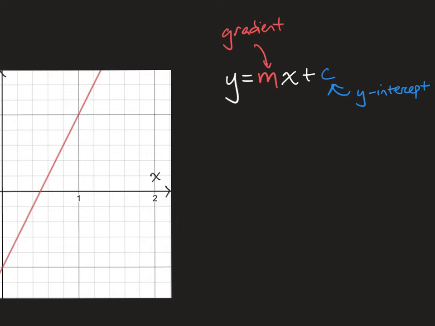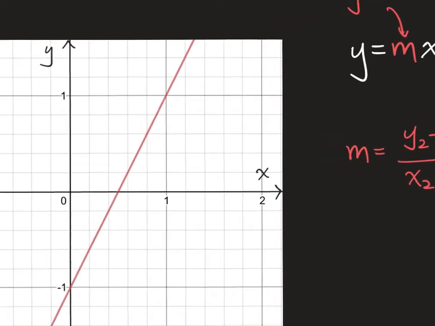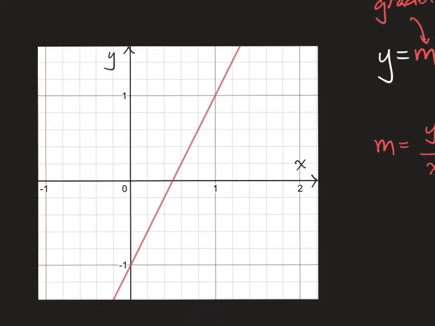So where do we begin? To find the gradient, we already learned that it's rise over run. So we recall the formula where the gradient m is equal to y2 minus y1 over x2 minus x1. So we go to our graph and we try to find our x1, y1 and x2, y2.